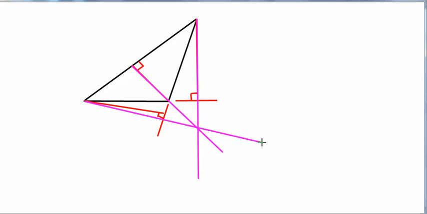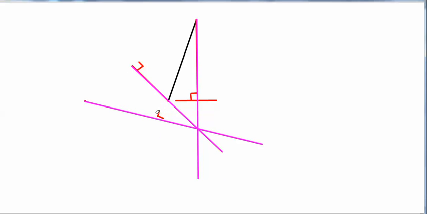That would have been better. I was trying to erase this red line and it just didn't. That red line should have been a little bit lower. But that's where the orthocenter would be if you can picture all that.